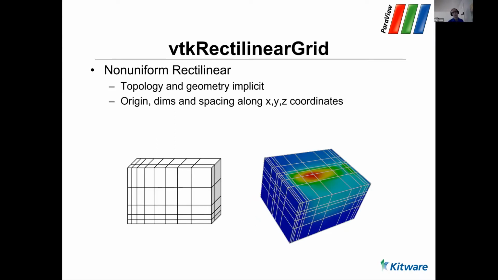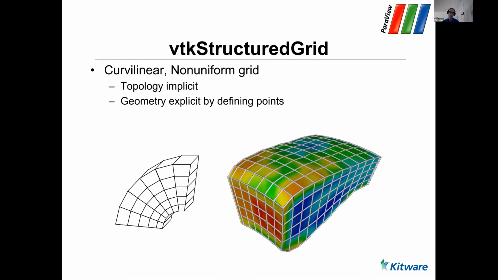For the rectilinear grid, you have to store a little bit more information. So you store the origin, the dimensions, that is the number of indices along each axis, and the spacing along each axis. For the curvilinear grid, you have to explicitly save points.